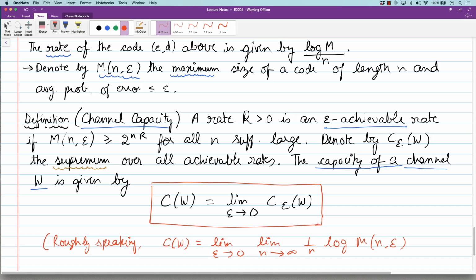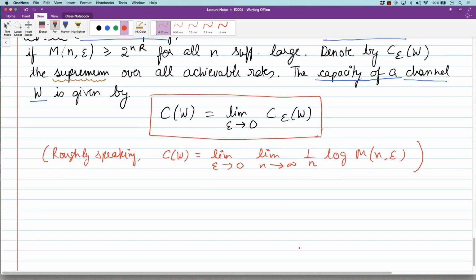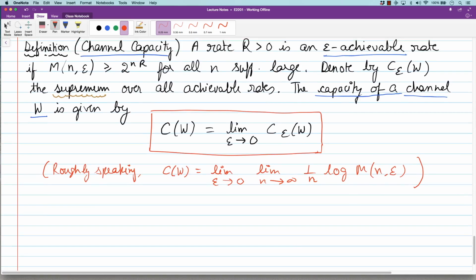So this is a rough thing because I've not told you that this limit exists. Turns out that this limit exists, but without having that theorem, it's not clear if we can write it this way. But yeah, that's what we are saying. Formally, you will define it using lim sup or lim inf. Okay, that's what channel capacity is.